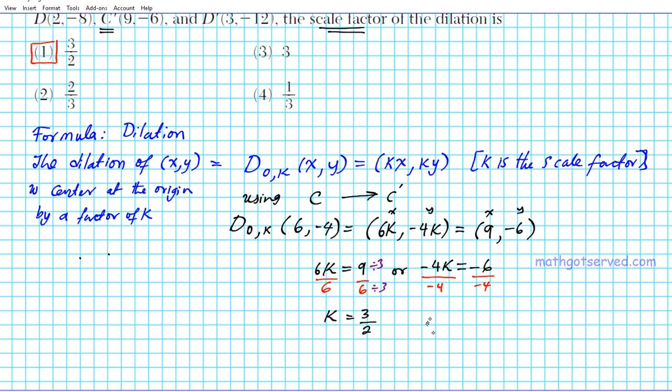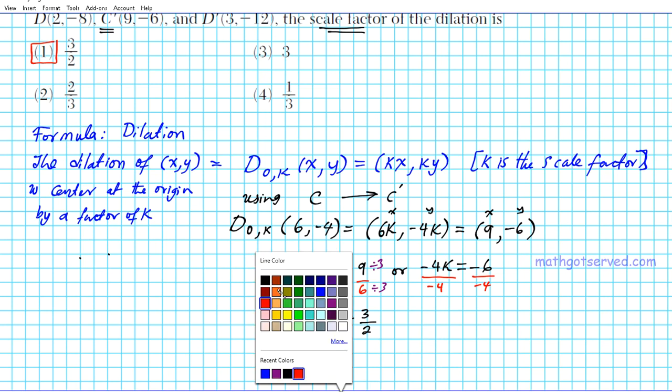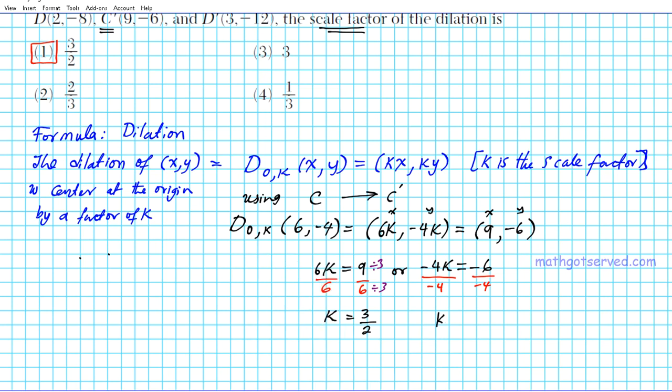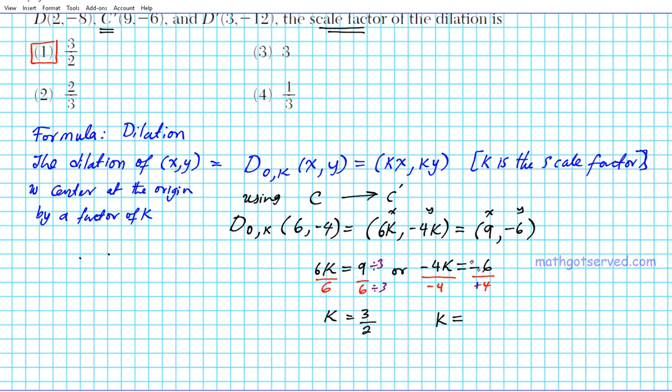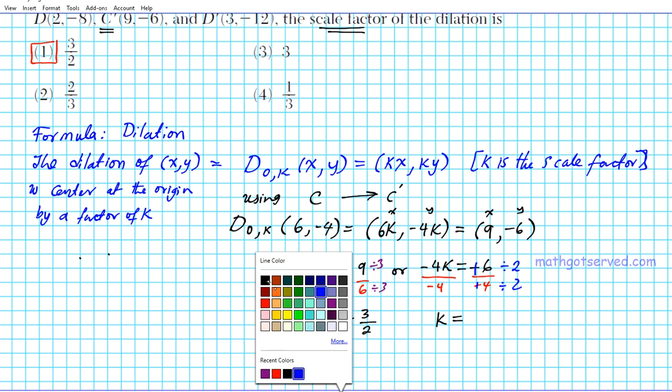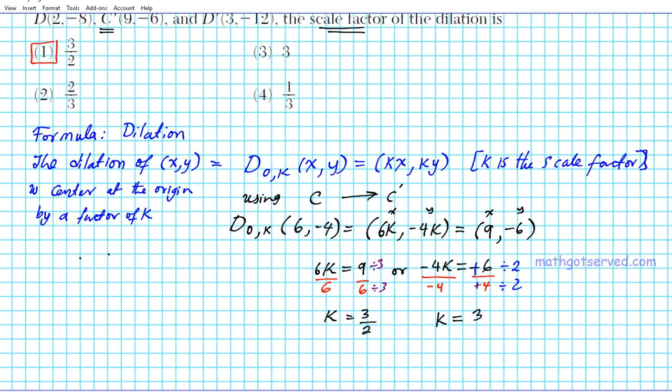So divide both sides by negative 4. That gives you k equal to, now, do you see what the GCF is here? The GCF here is negative 2. Or you can just reduce the signs and divide by 2, top and bottom. Bam. And guess what you're going to get? You're going to get 3 over 2, the same answer.